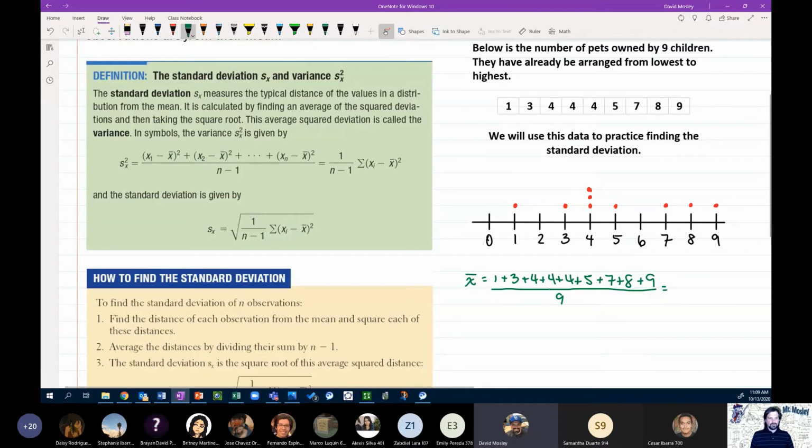And this will equal 45 divided by 9, which equals 5.